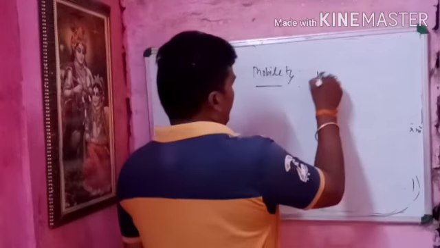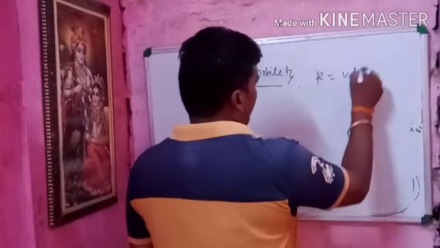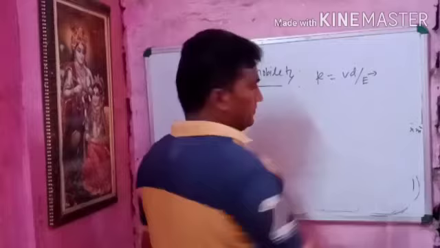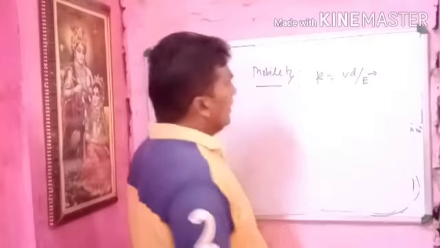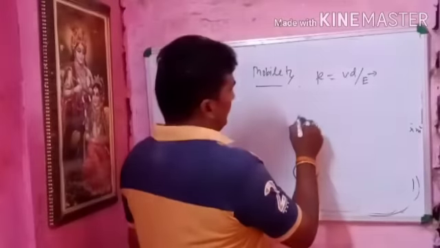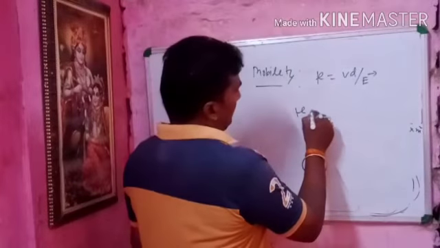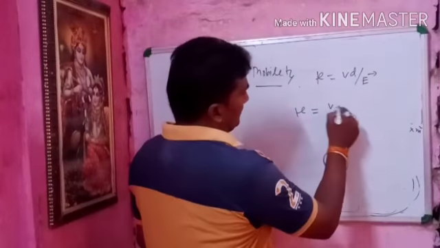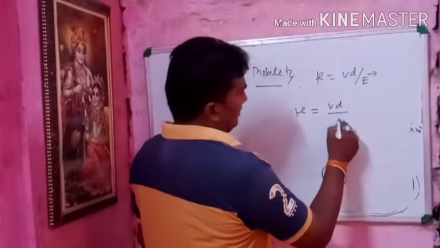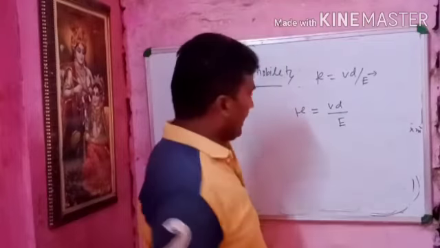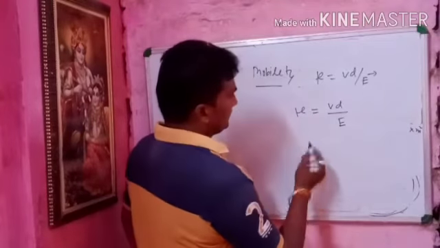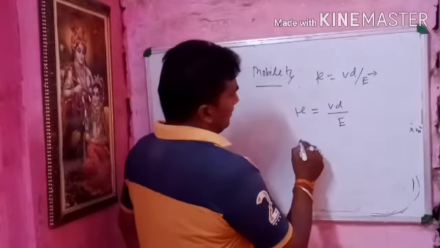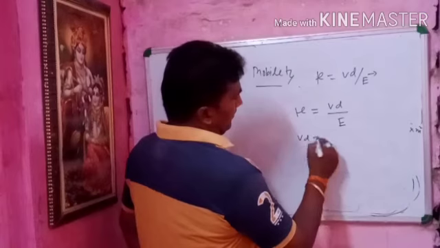Mobility is represented by mu is equal to Vd by electric field E. And we stabilize the relation for mu in terms of current. We know that Vd is the drift velocity and E is the electric field, and Vd can be written in terms of mu E.